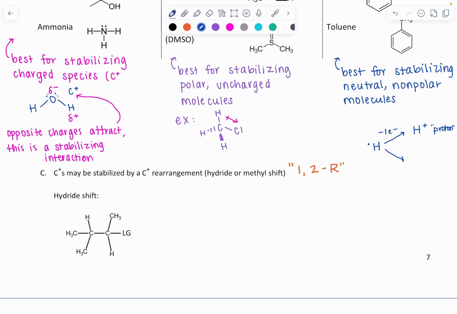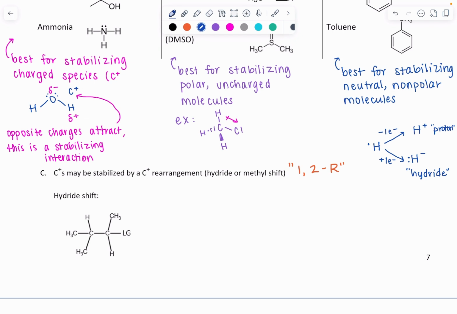If hydrogen gains 1 electron, now it has 2 electrons and it'll have a negative charge. This is hydride. So when we talk about a hydride shift, it is hydrogen shifting with 2 electrons.